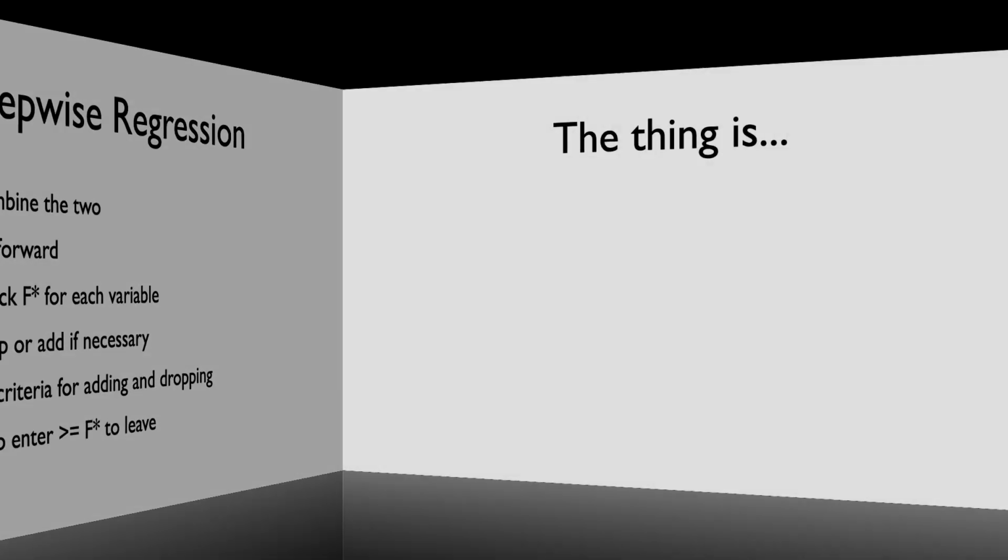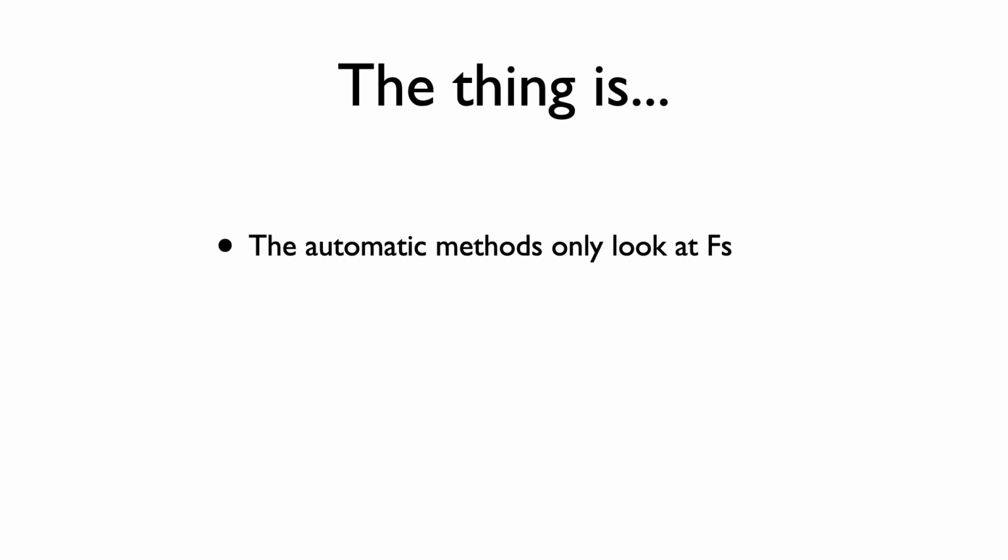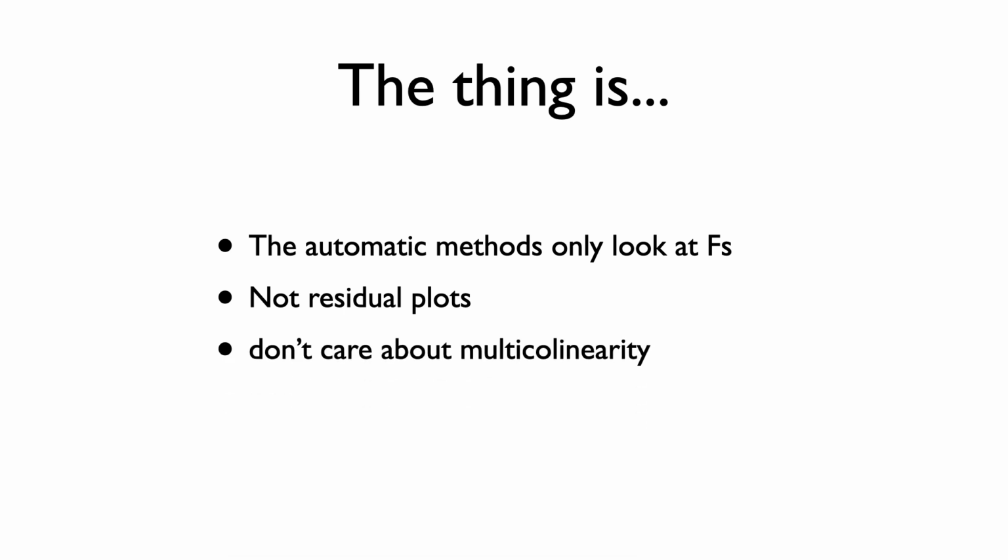So people used to be able to do stupid things. See, the thing is, the automatic methods only look at F's. Those F to enter, F to leave. You don't look at residual plots. Again, this is where I think AI will be useful. They don't care about multicollinearity, except sort of in a roundabout way.